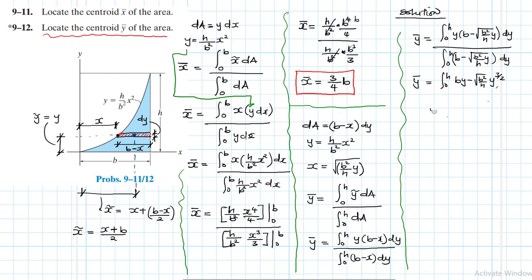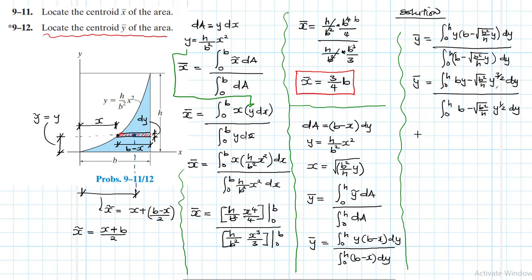So once we have that, dy, then also the same thing at the bottom there, from 0 to h. There we only have a b, then minus the root of b squared over h, then y to the power half dy.